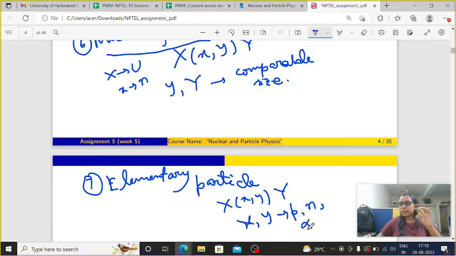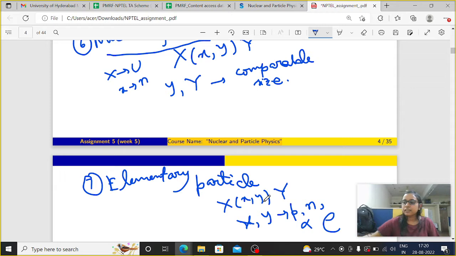Elementary particle means in any of the steps of the nuclear reaction, one elementary particle is produced. Let's say an electron is produced in the outgoing particles, then it is an elementary particle reaction. Electron is an elementary particle. So in any step of the nuclear reaction, if one or more elementary particles are involved, then we call that type of reaction an elementary particle reaction. So these things are very simple.